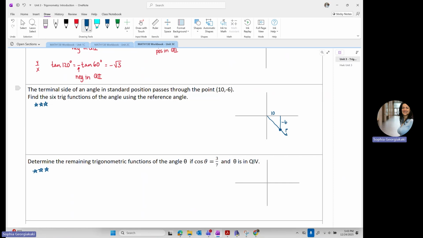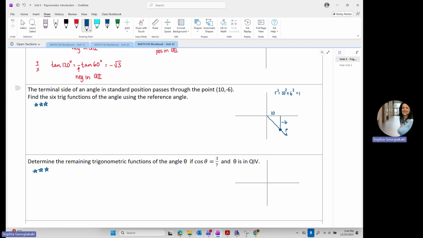Now I'm going to use the Pythagorean formula to find r. So r squared will be 10 squared plus 6 squared. Now I don't need to say -6 squared because I will square that. So the -6, when you square it, is also 6 squared.